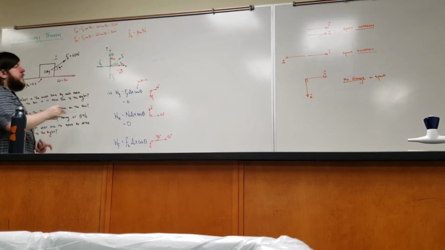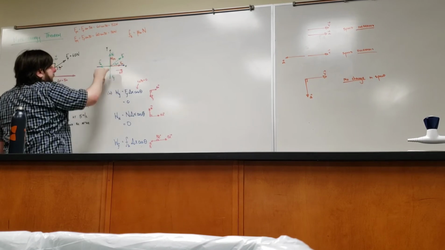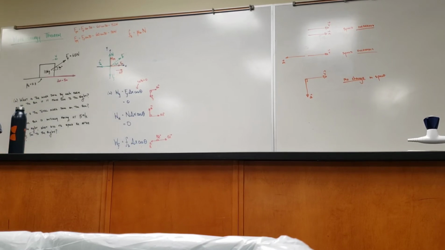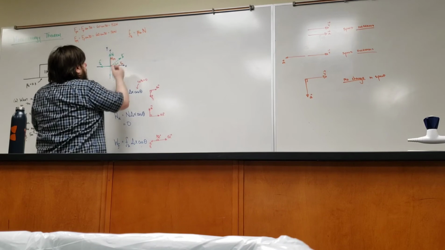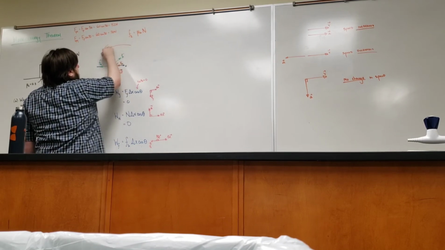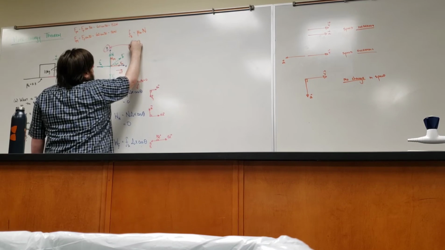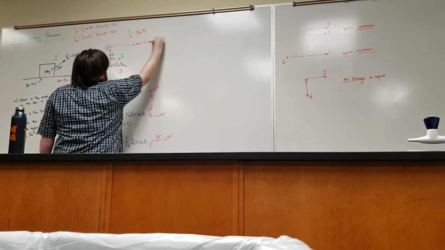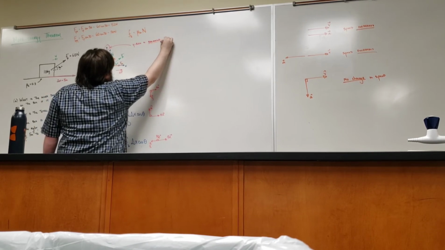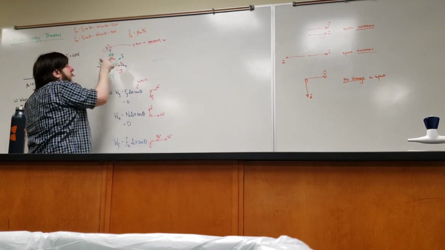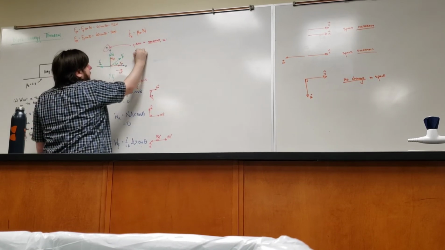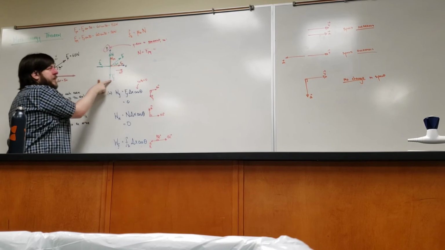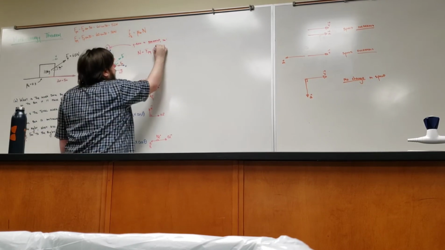Okay? To balance the y-axis, we say that the sum of all forces up equals the sum of all forces down. Y-axis is balanced. So, the sum of all forces up is the normal force plus the pulling force in the y direction. And that equals the sum of all forces down, which is just the force of gravity.